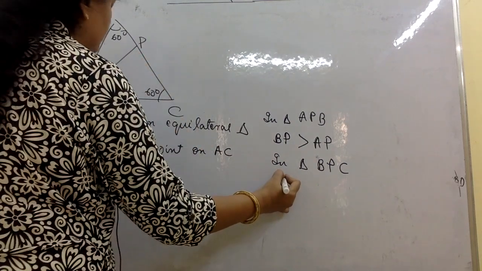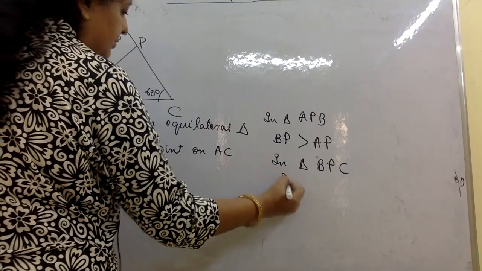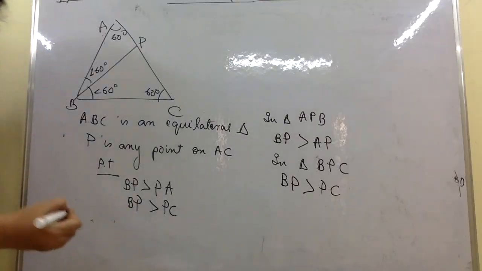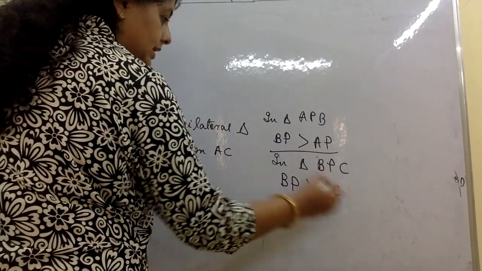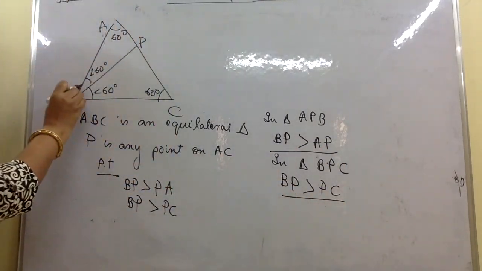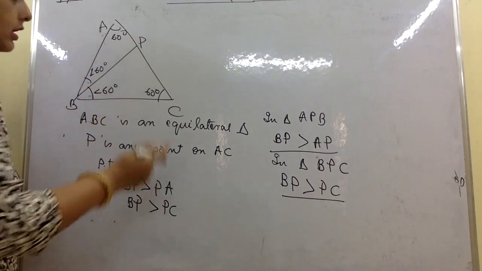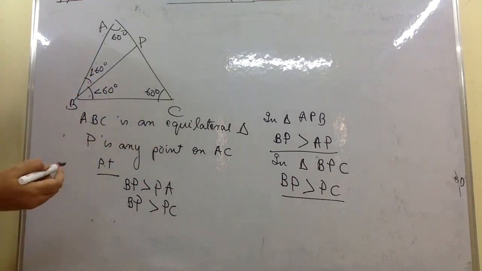Very simple. So again BP is greater than PC. So I got both of them in separate triangles just by knowing that the parts were less than 60. Parts are always less than the whole.